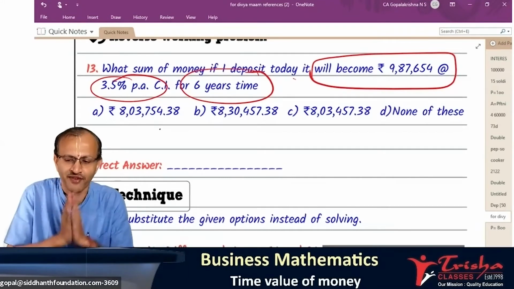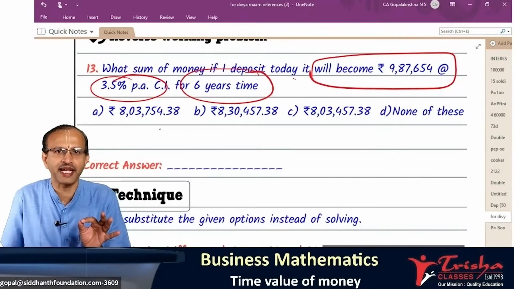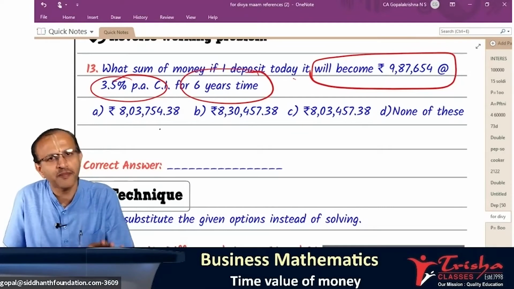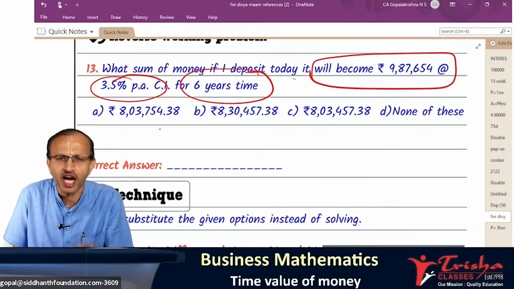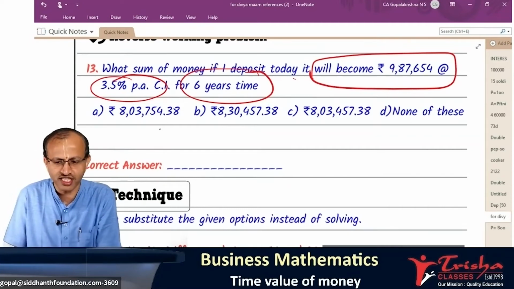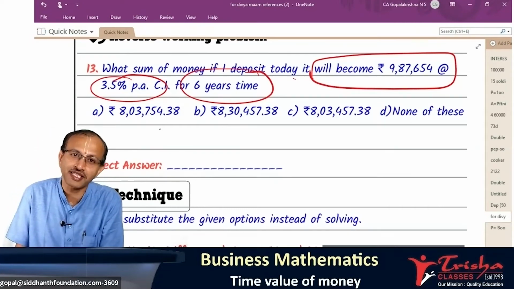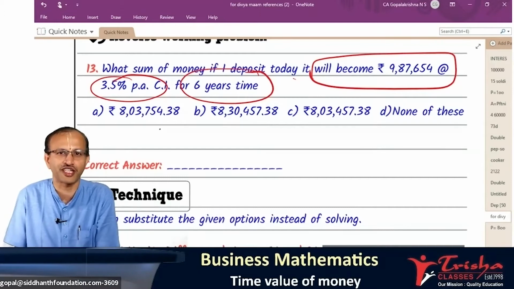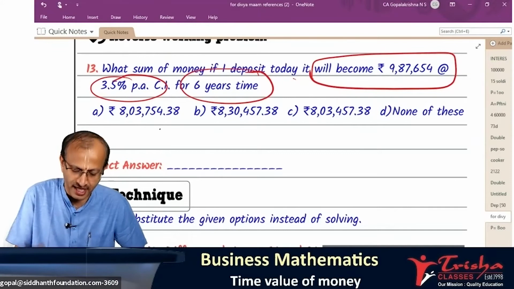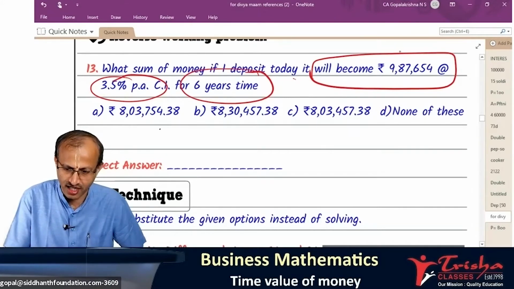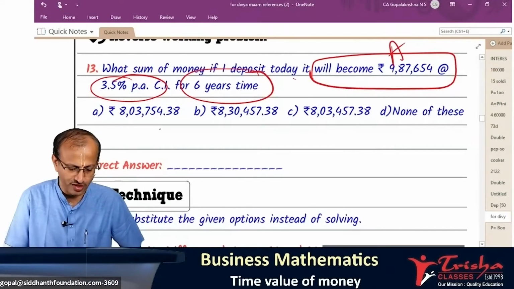Is that clear to everyone? Tell me, is 9,87,000 today's money or money after 6 years? After 6 years. So is that present or future? Future. What do I call anything in the future, P or A? This is A, the amount.